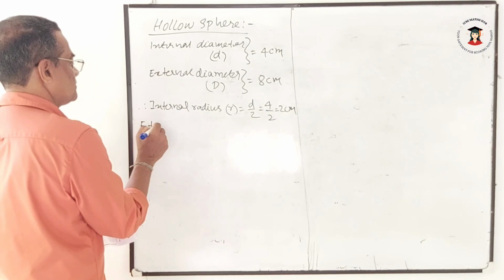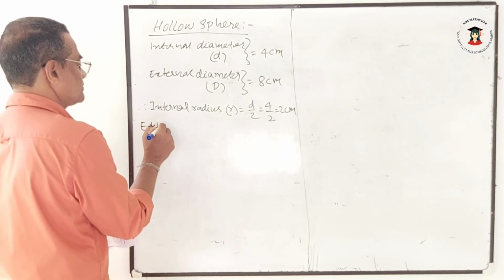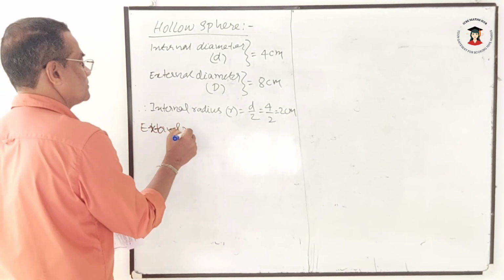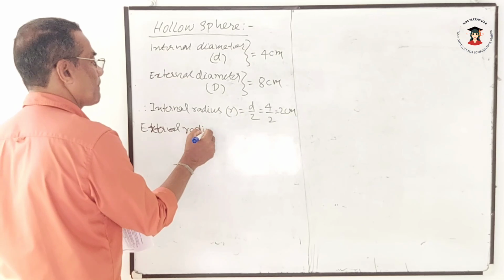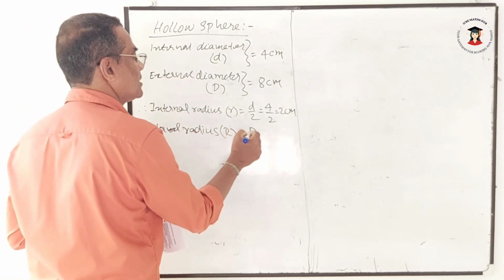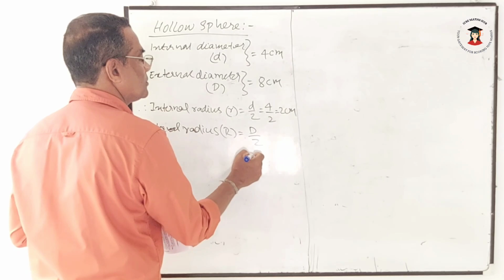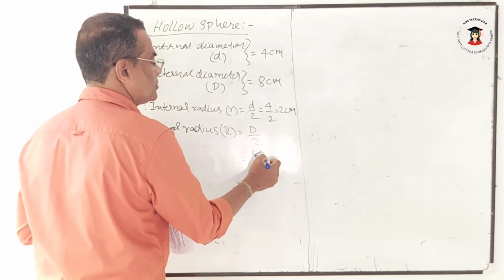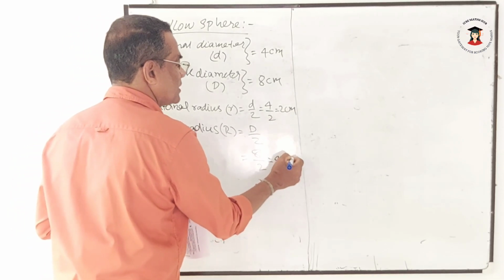External radius capital R equal to capital D by 2 equal to 8 by 2 equal to 4 centimeter.